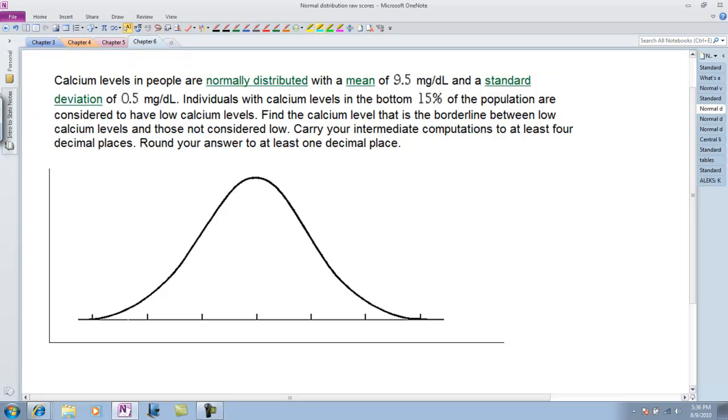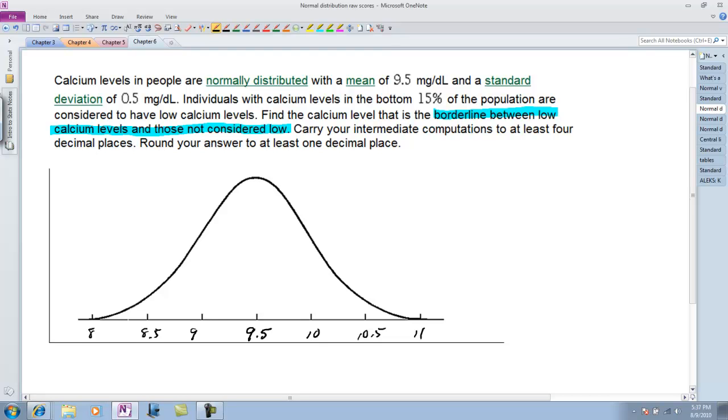Okay, so the question is, we want to find the borderline between low calcium levels and those not considered low. So somewhere in this normal distribution, which is centered on 9.5 and has a standard deviation of 0.5, which would make this 10 and this 9 and this 8.5 and this 8, 10.5 and 11.